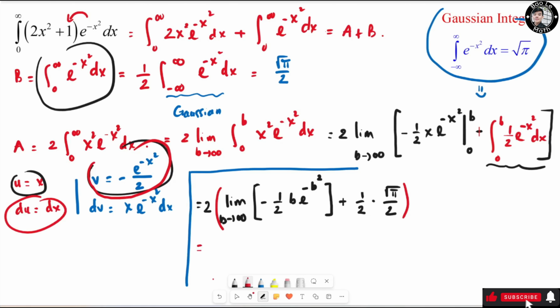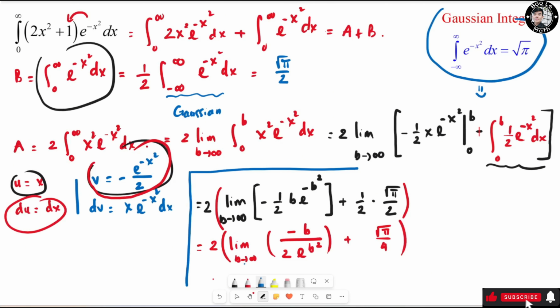So it's going to be 2 times the limit as b approaches infinity of negative b over 2 times e to the b squared, plus root pi over 4.